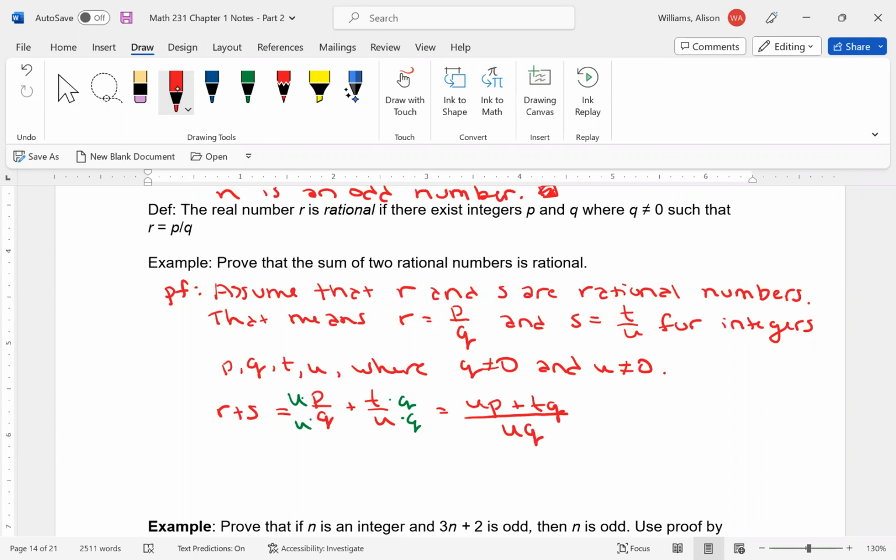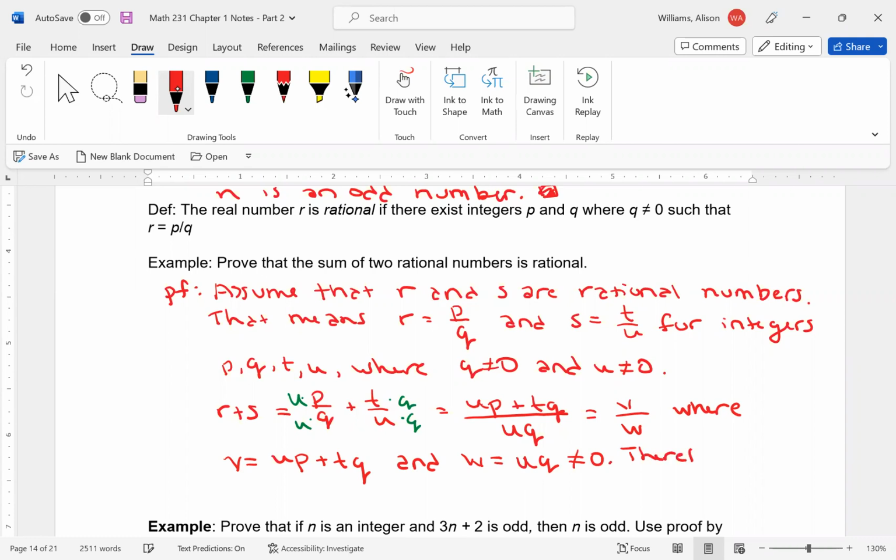But I can go ahead and I'm kind of done, but I'm going to go ahead and call these two their own variables. So I'm going to call this numerator V and this denominator W, where V equals UP plus TQ and W equals UQ, which happens to not equal 0 because both U and Q don't equal 0.